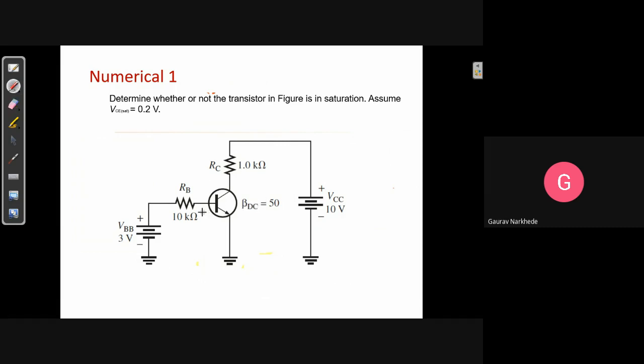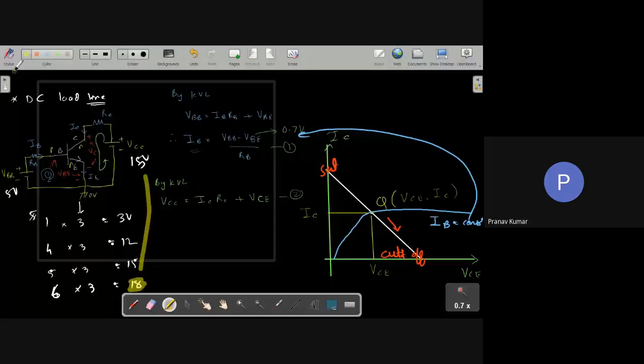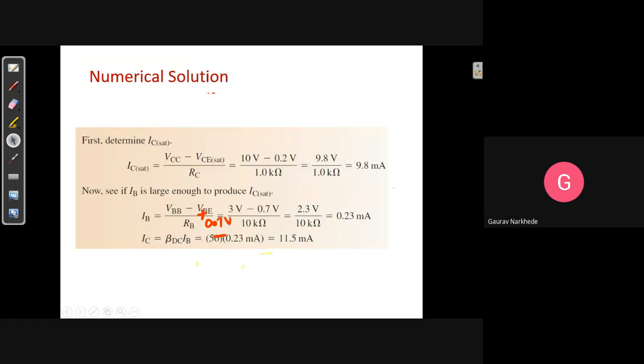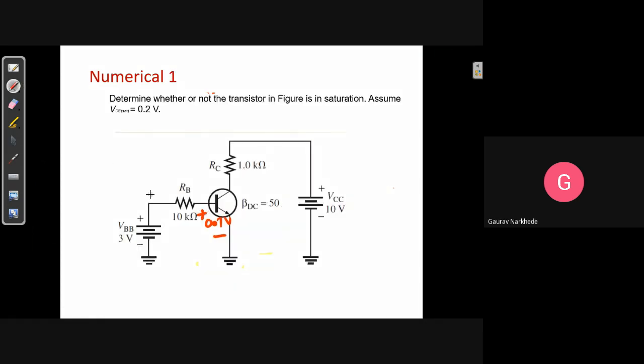Here is some voltage. If we consider a normal silicon transistor, this is 0.7 volts, correct? Now, can we calculate IB?